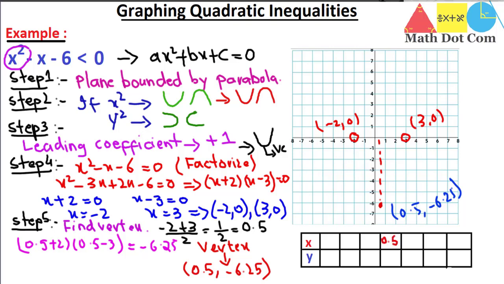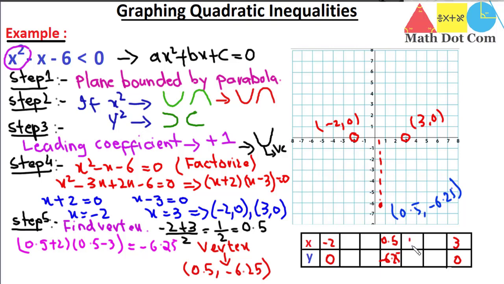This is the vertex point, −6.25, and the remaining points on the left and right. And keep in mind the x-intercepts as well. So I'll write one intercept here, that is the rightmost, and the other intercept here, that is the leftmost, (−2, 0). So we need two more points so that we can join them together to form a good parabola.